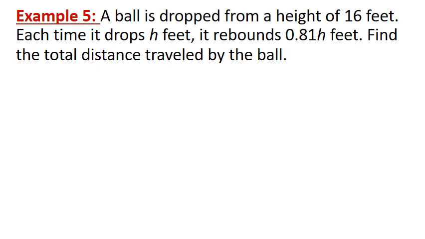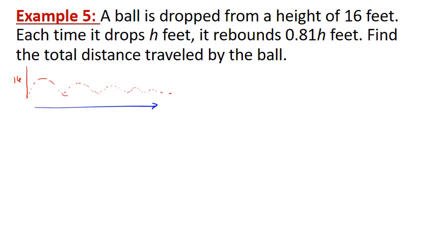So to be a little more clear, if the ball is dropped here, this is 16. What's going to happen is the ball is going to come up and back down, and then it's going to come up to 0.81 of that height, to 0.81 of that height, so on and so forth.